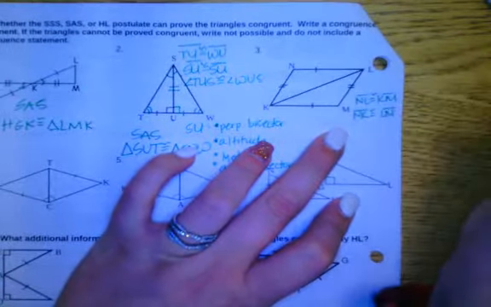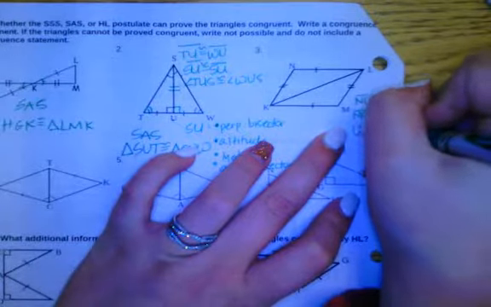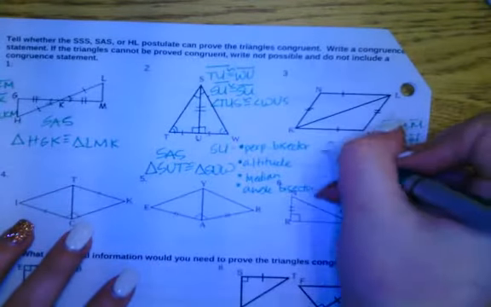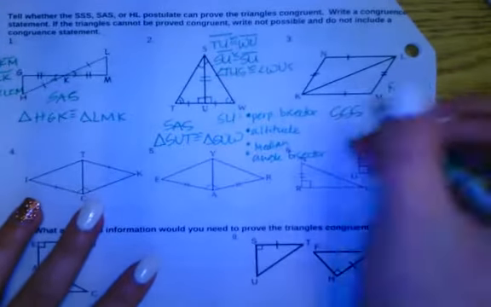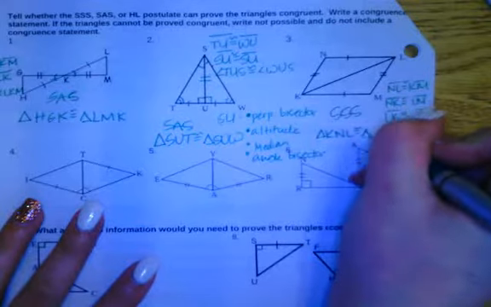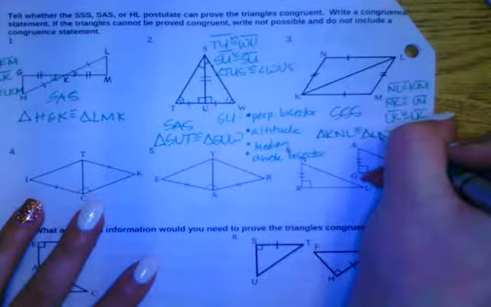Very good. So, how are they congruent? And somebody give me a congruency statement. K and L is congruent to LM. Sorry. Questions on number 3?